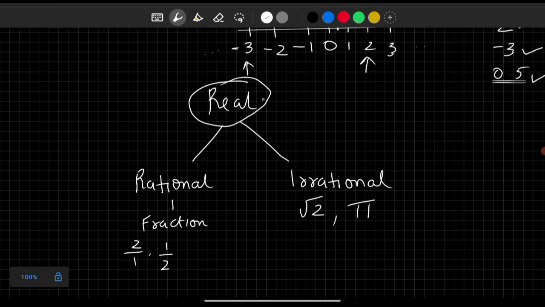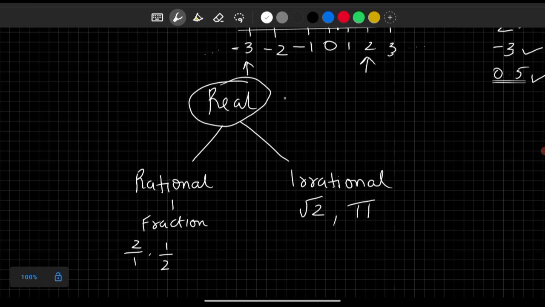And also we have whole numbers. Whole numbers are the numbers which start from 0 and go to infinity without having the negative numbers. And also we have natural numbers. Natural numbers are the numbers that start from 1, not 0, and go to infinity. All these are rational numbers, and all these are also real numbers.